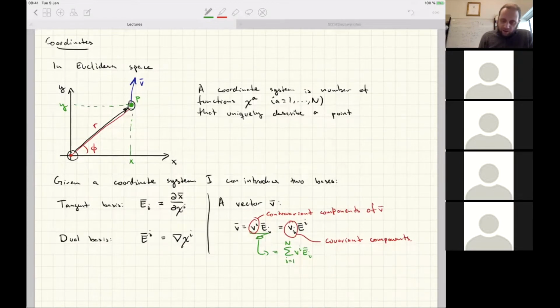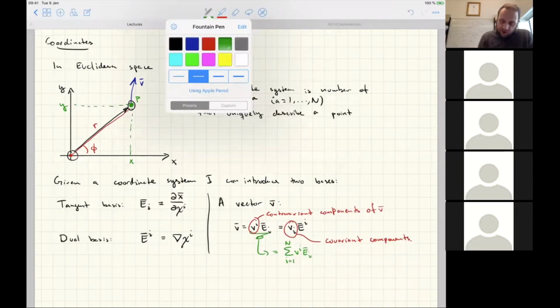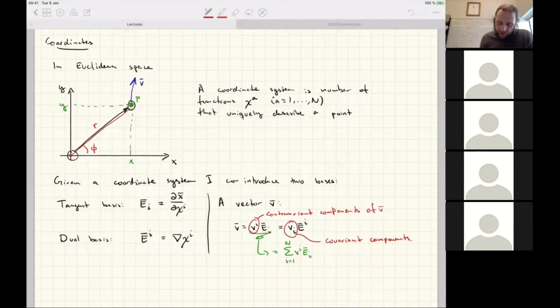If I change these coordinates chi, if I go to a different coordinate system, I will clearly not have the same basis vectors. But since the basis vectors of any coordinate system are complete, I can expand them in each other, and that's called the coordinate transformation of the basis vectors.